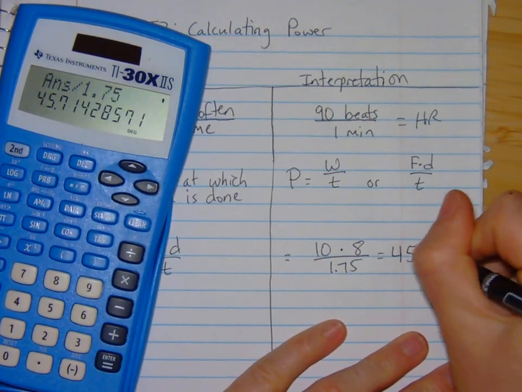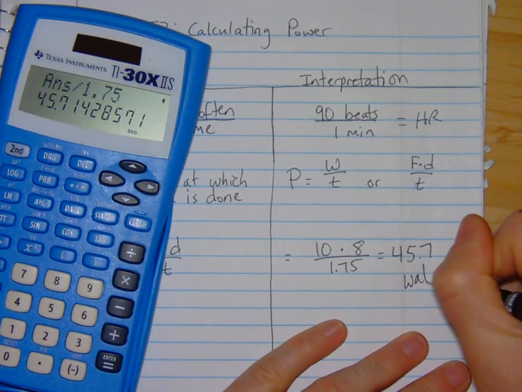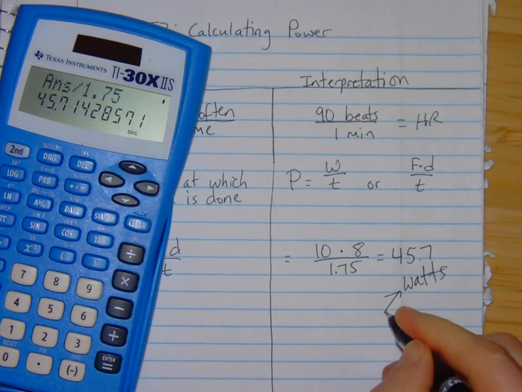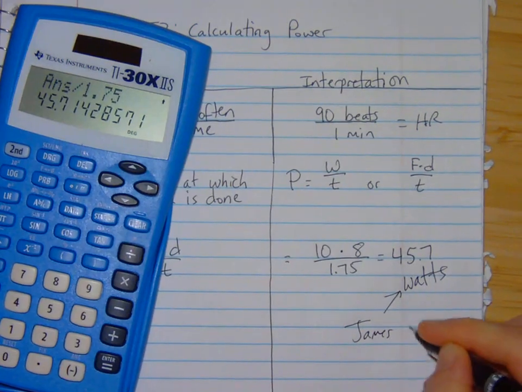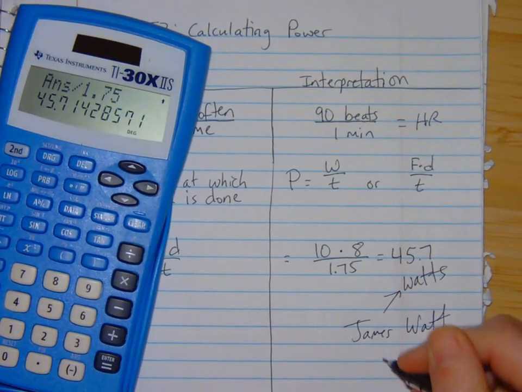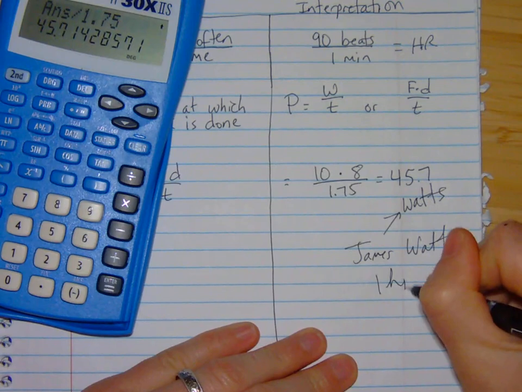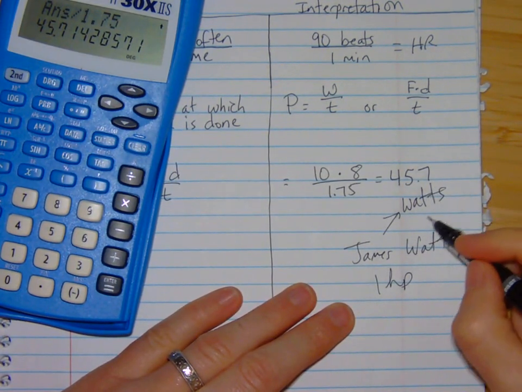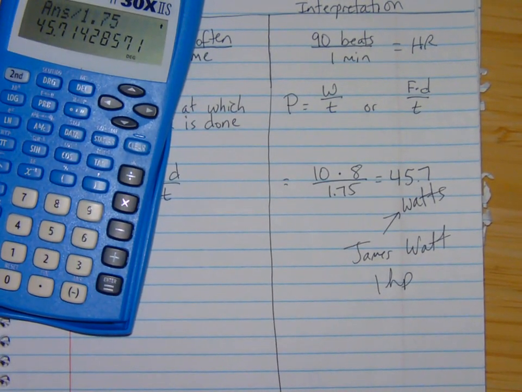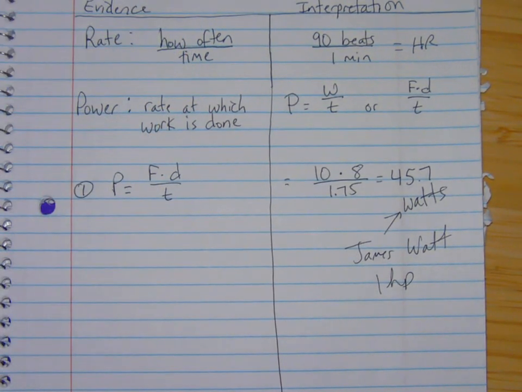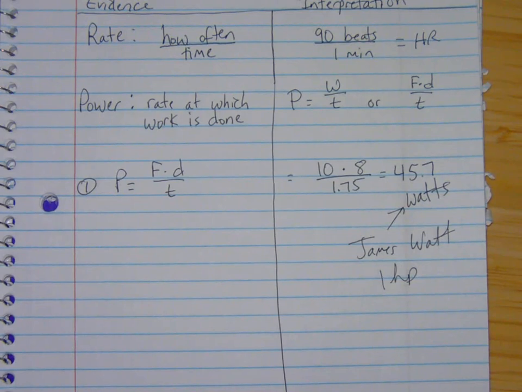So 45.7 what? Watts. Remember, James Watt was the guy that figured out what 1 horsepower was. And because he figured all this good stuff out, he named the unit after himself. 45.7 watts.